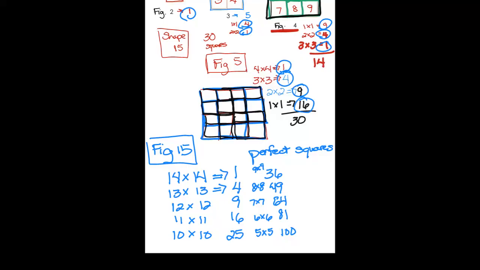So that's 1, 2, 3, 4, 5, 6, 7, 8, 9, 10. We need 14 numbers. So then we would have 4 by 4s. That would be 121.